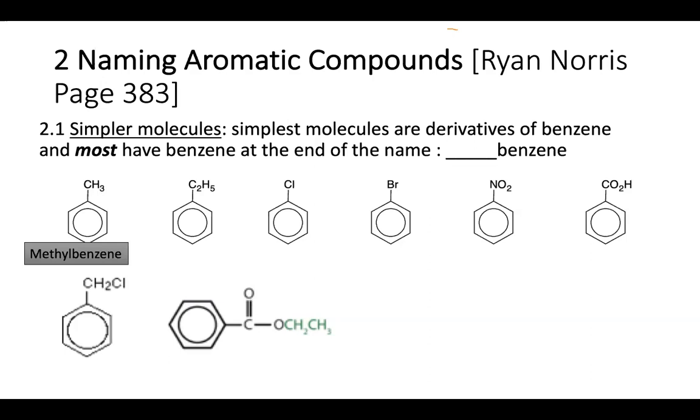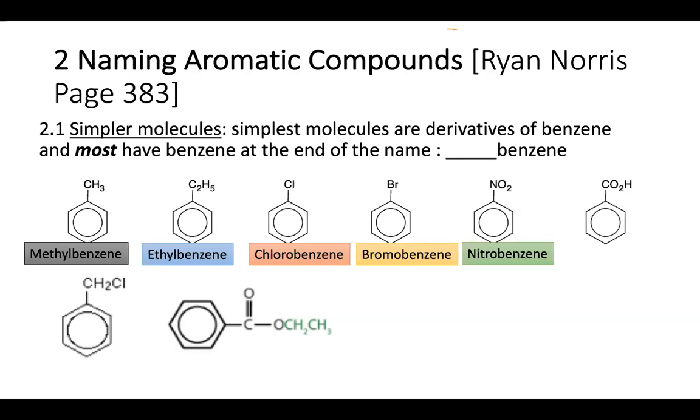The next one is C2H5. That's quite obvious. It's called ethyl because 2 carbon, ethane, so ethylbenzene. Cl is a chlorobenzene. Br is a bromobenzene. And NO2 is a nitrobenzene. Okay, the next one is the COOH, which is a carboxylic acid.